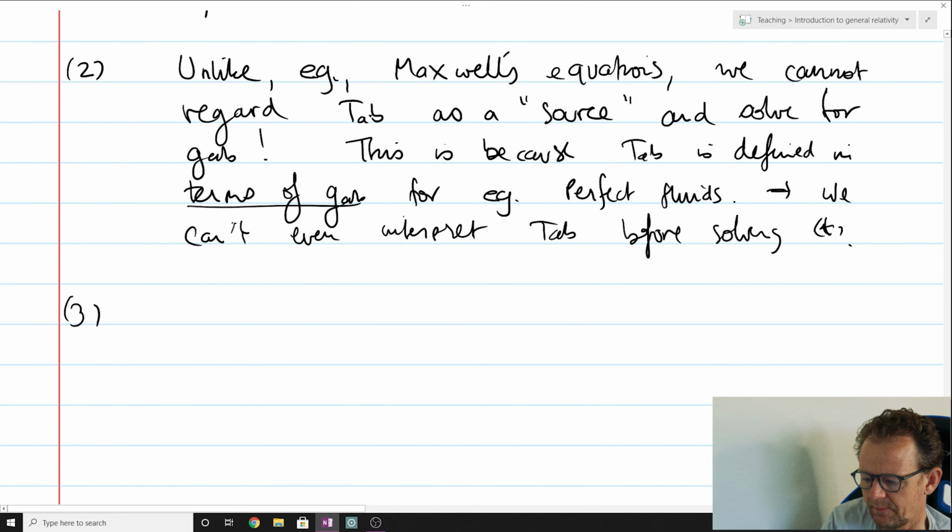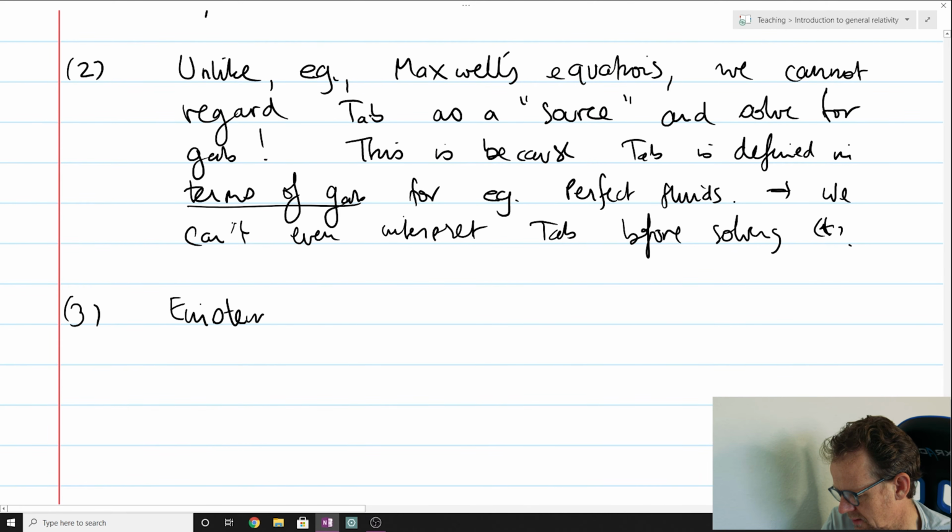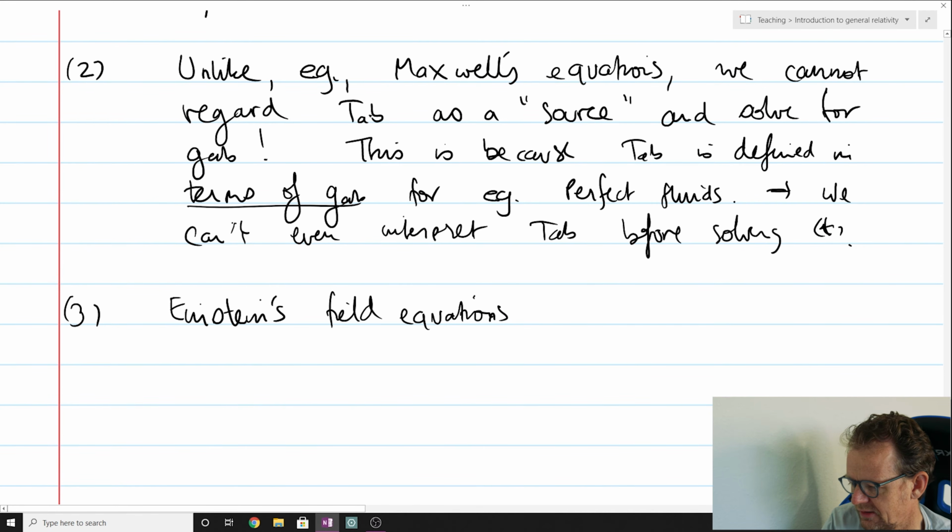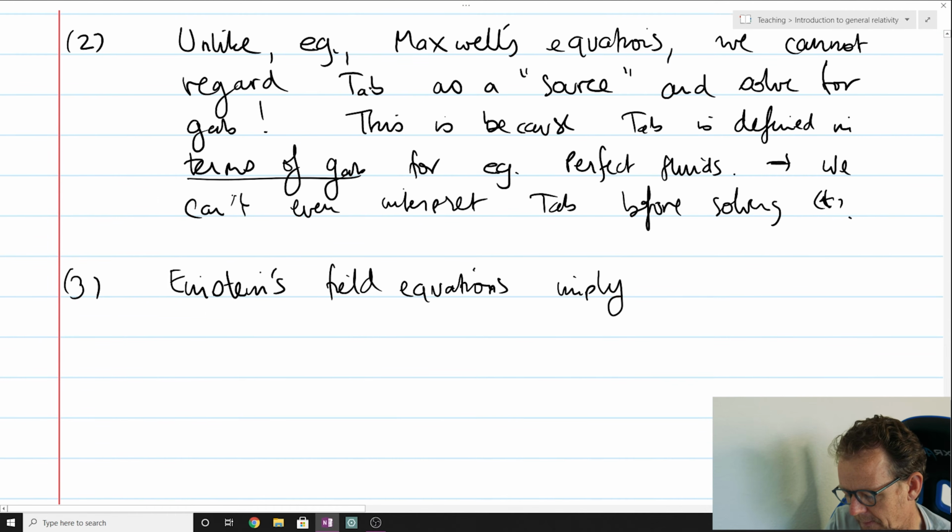And the third comment that we have to make about Einstein's field equations, and this is the stuff of magic and awe, is that Einstein's field equations are amazingly self-consistent in a way that's incredibly difficult to engineer.